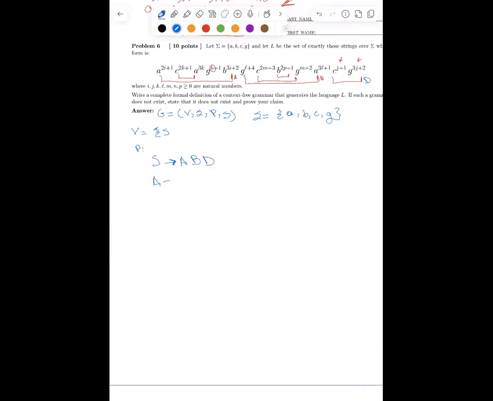So for A, I will see that I'm using this part is involved within. So I will use two A's because of this here, 2I.